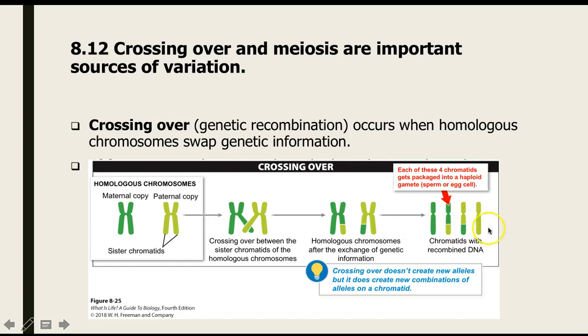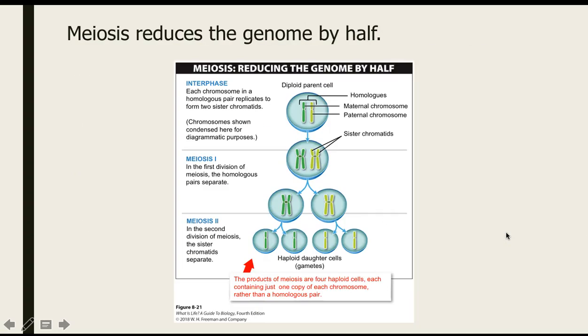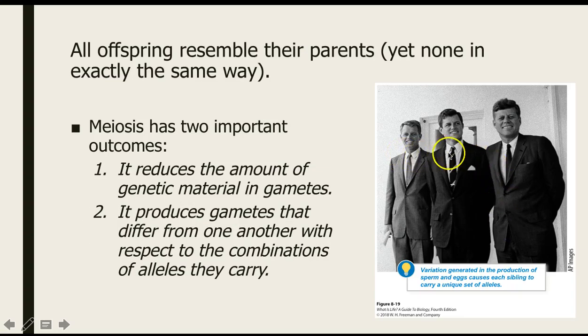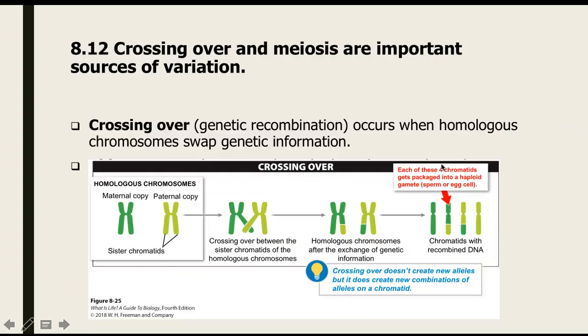And so what you end up with, and this is the really interesting and cool thing, is when these all separate out into their 4 final cells, no single chromosome is exactly the same. So when we were looking back here at why the brothers of the Kennedy family didn't look exactly the same as each other, a big part of that is crossing over.